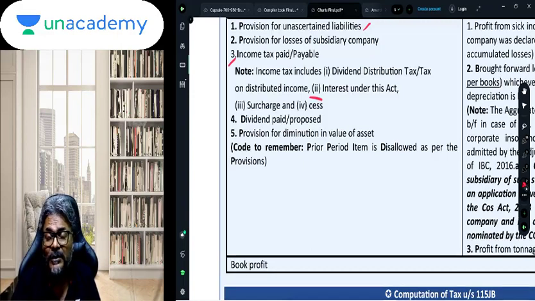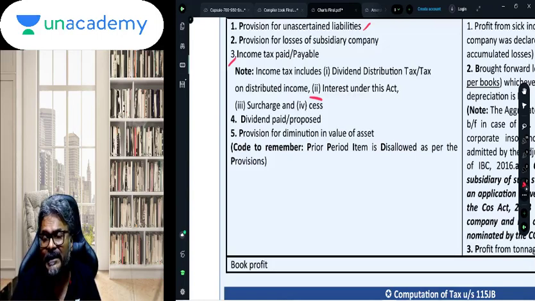So either you deposit this gratuity amount in the approved gratuity fund and claim the deduction under section 36(1)(v), or, better, you directly pay this money to the employee. If you pay directly to the employee, then the deduction will be available under section 37(1), whereas approved gratuity fund contributions get the deduction under section 36(1)(v).